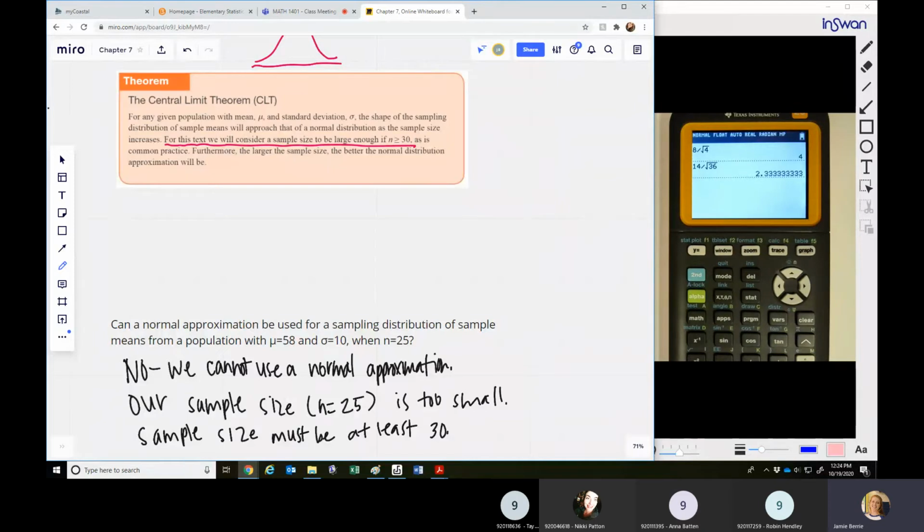So given that we already know all of this about the normal distribution, it's very useful to be able to say that we can approximate this sampling distribution of sample means with the normal distribution as long as our sample size is big enough, because it allows us to use all those nice things that we know about the normal distribution.